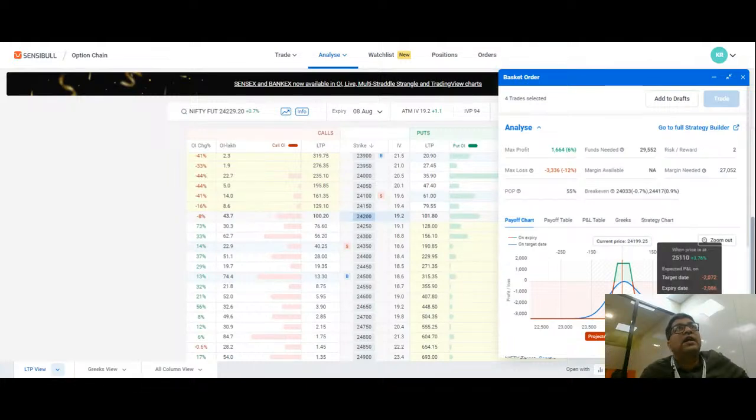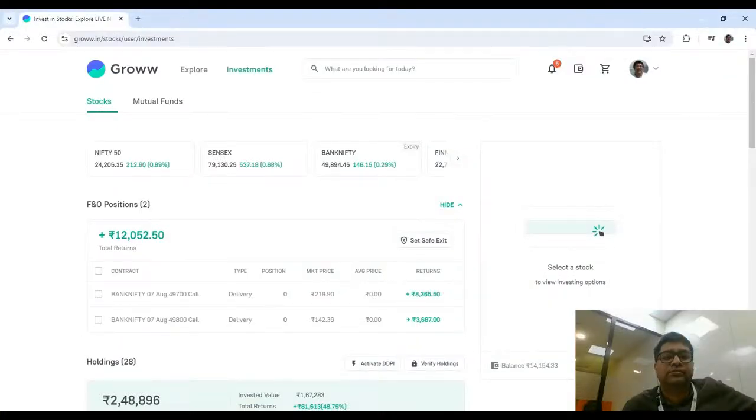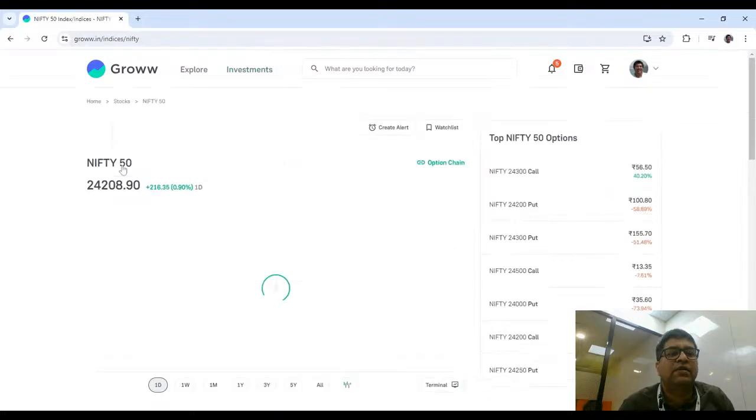For the strategy, I'll execute it. I have my strategy here. I'm going to share my live strategy, which is on another window. Okay, this is my strategy. I'm going to Nifty 50.